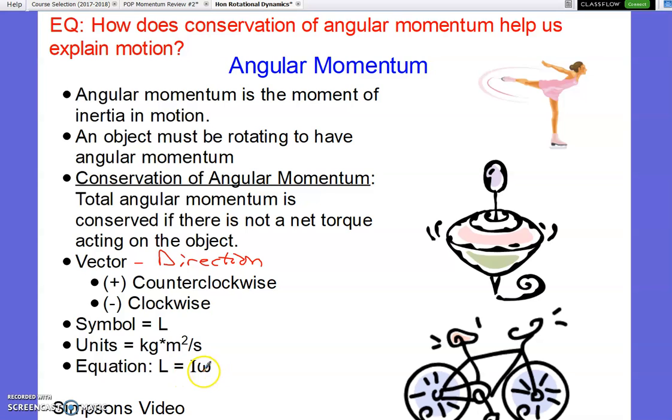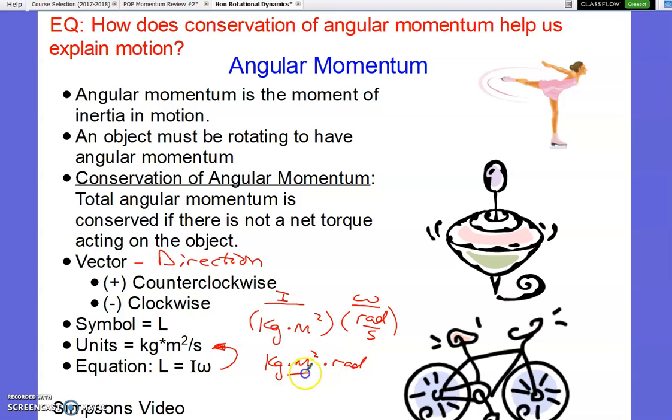And knowing this formula, we can go back here and figure out that the units should be a kilogram times meter squared per second. The unit of moment of inertia is a kilogram times meter squared. And the unit of angular velocity is a radian per second. So when we multiply these two together, at first it looks like it should be a kilogram times meter squared times radian per second.